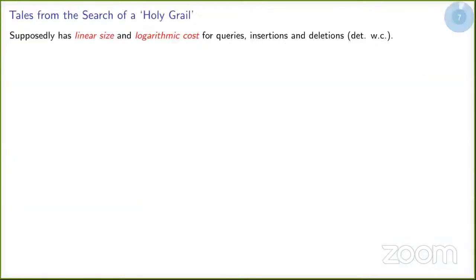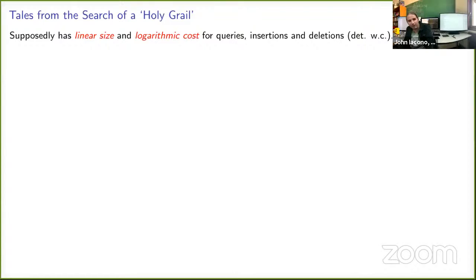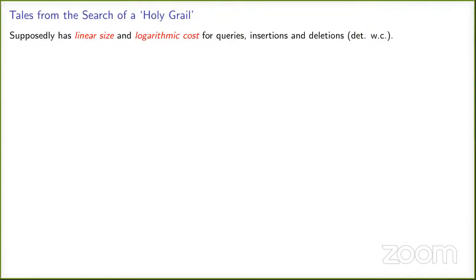So maybe I should tell a little on the history of this problem. It's been an open problem for a very long time. People were looking on point location for a long time and have many successful approaches on that. But one is still looking for sort of a holy grail structure for the online fully dynamic setting.